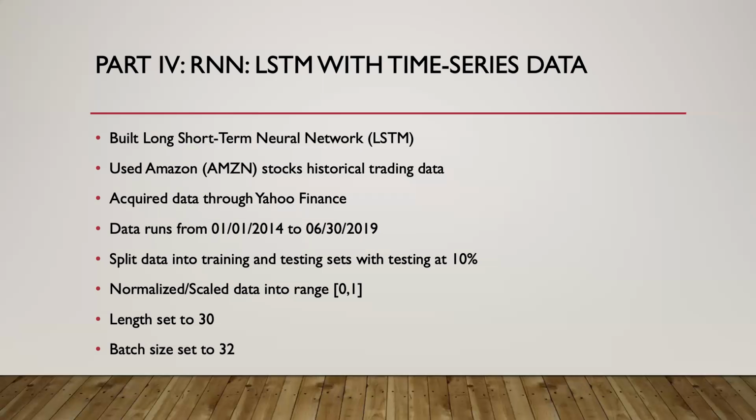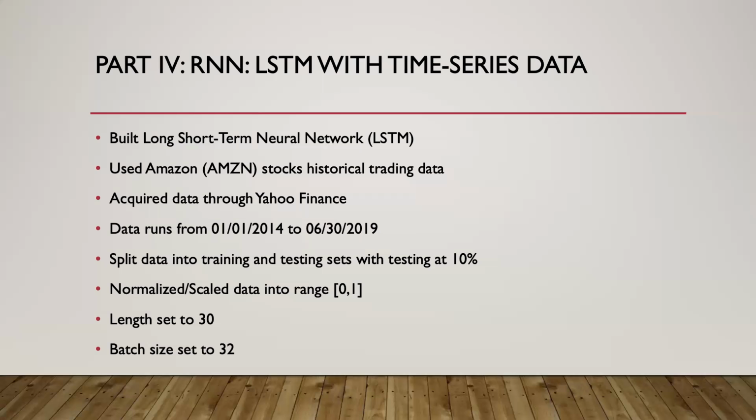So the data runs from January 1st, 2014 to June 30th, 2019. I split the training and testing sets with testing at 10%, normalized and scaled it, and set the length, this is important, to 30 historical data points. I changed it from our previous assignment.